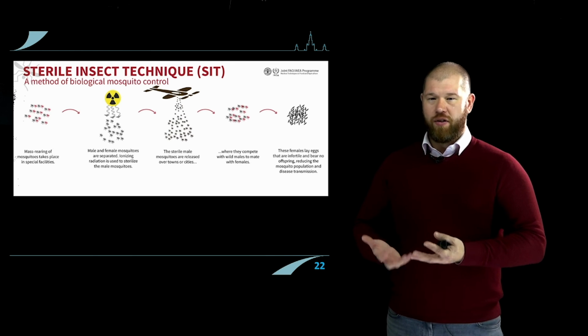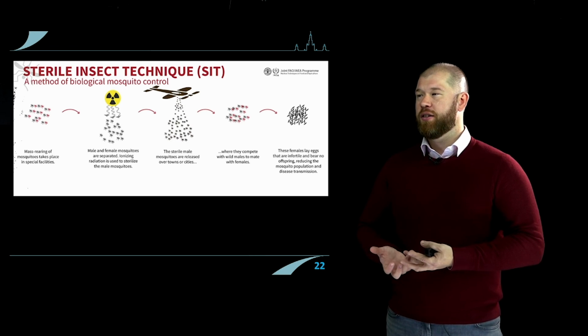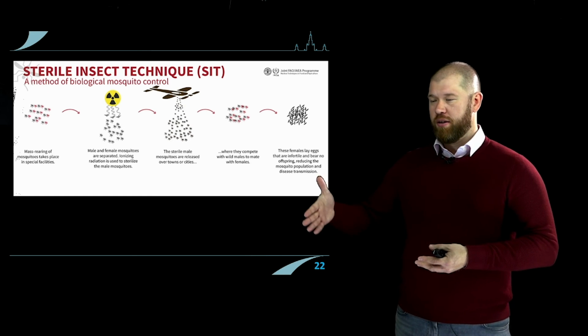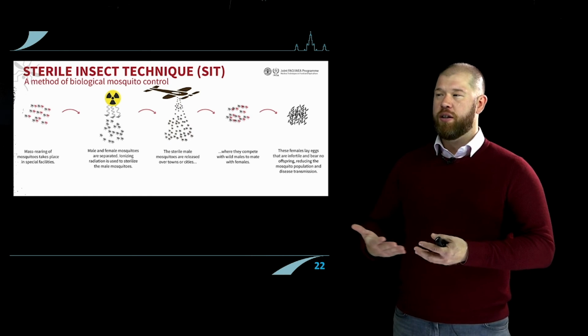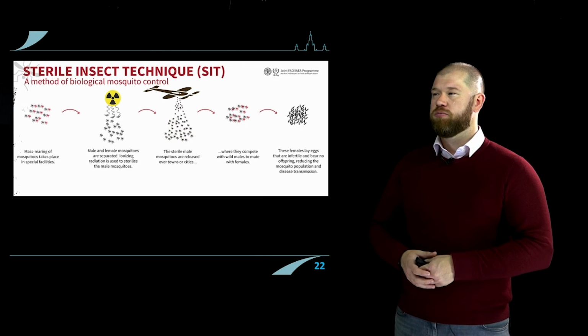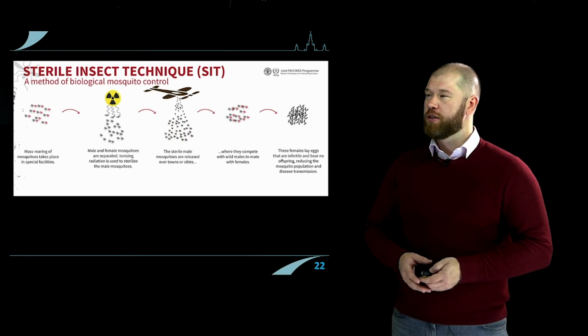In nature, they try to make a population, but as they are sterile, they cannot do it. And thus the whole population of the insects is decreasing, and the spread of the infection is also decreasing.